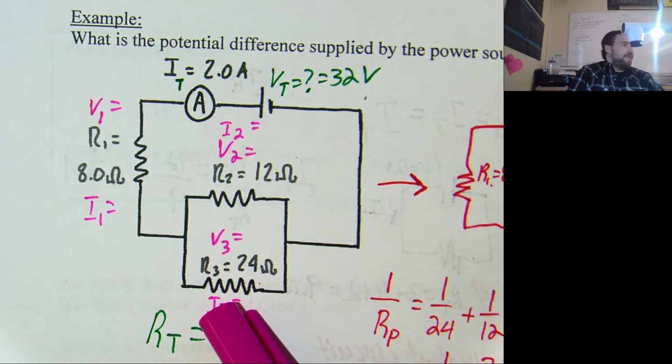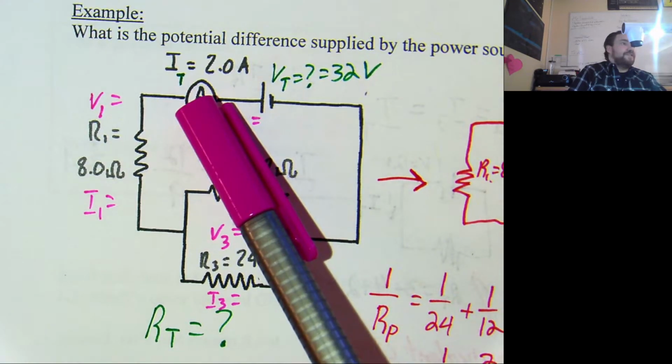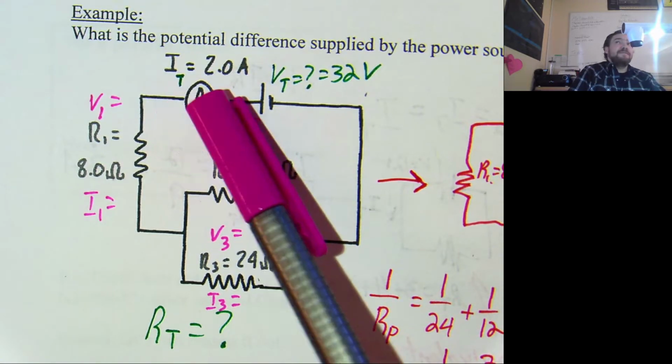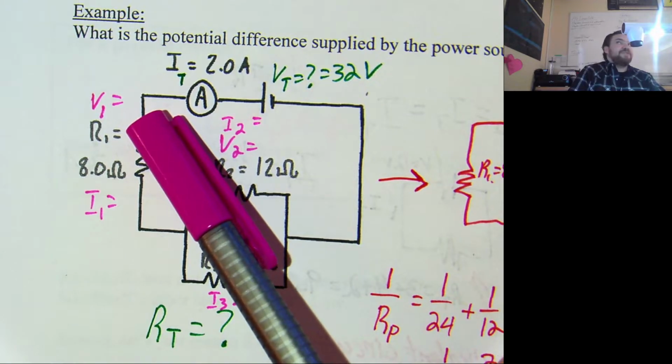But I heard an O over there, Ravneet. Can you tell me what two things are equal first? Total current is the current through the main branch, yes? Are any of these resistors on the main branch?